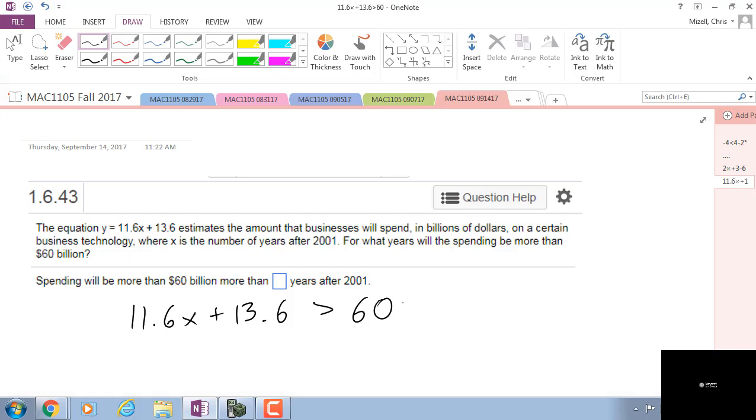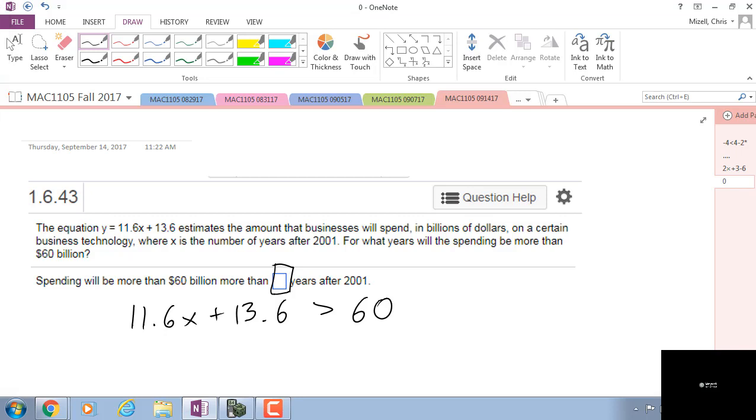X is the number of years after 2001. Seems like we could solve this for x and then interpret that in the light of the 2001. I don't think we need to incorporate the 2001 in how we set this up. We just need to think about what that means. Actually, I think we solve it for x, and it gives the 2001 right there. So I don't think the 2001 has to come into play.